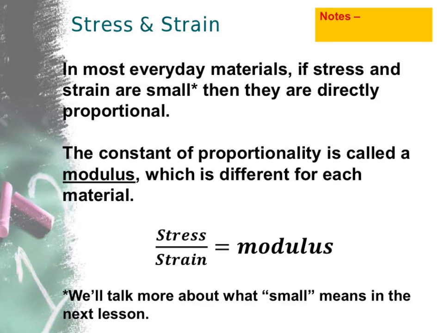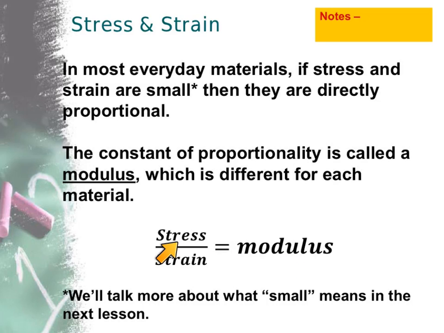And they're directly proportional. Now, the constant of proportionality is what we engineers call a modulus. And that modulus is different for each material. So when you take the stress on a material divided by the strain it experiences, you're going to find that as long as both of these are small, when you take stress divided by strain, you're always going to get a constant for a given material.